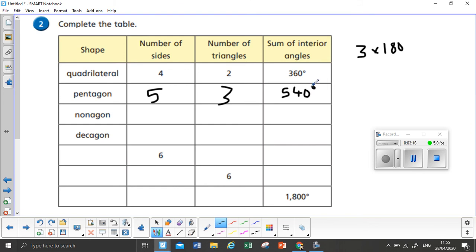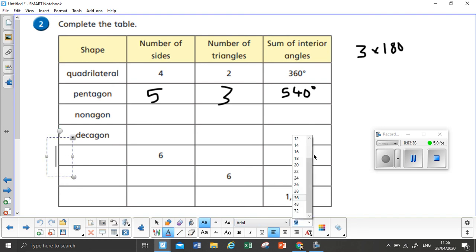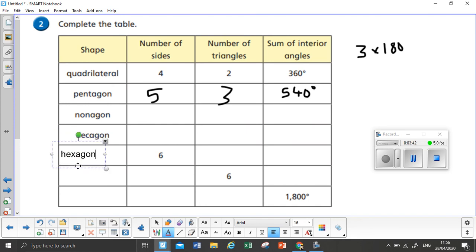Okay. I'm actually going to go to this one next because I'm going to follow the number of sides if I can. So number of sides, if it's got 6 sides, it's going to be a hexagon. Okay, so I've got a hexagon.